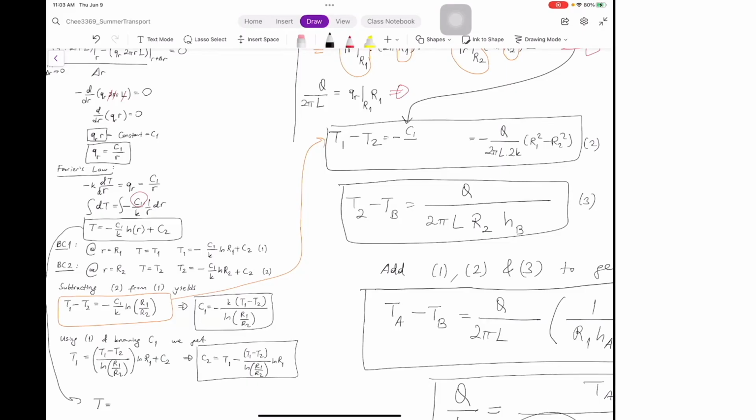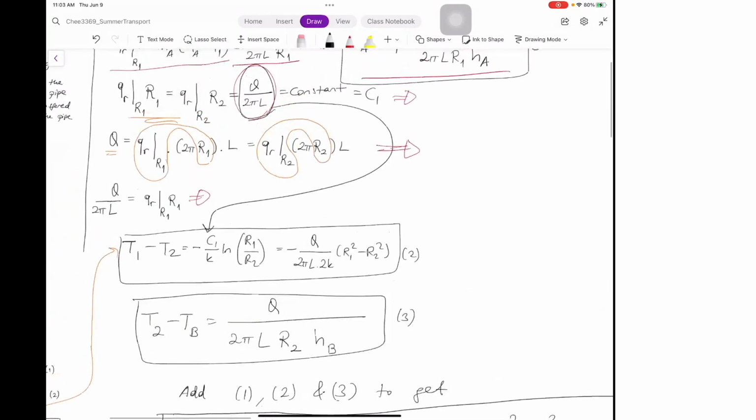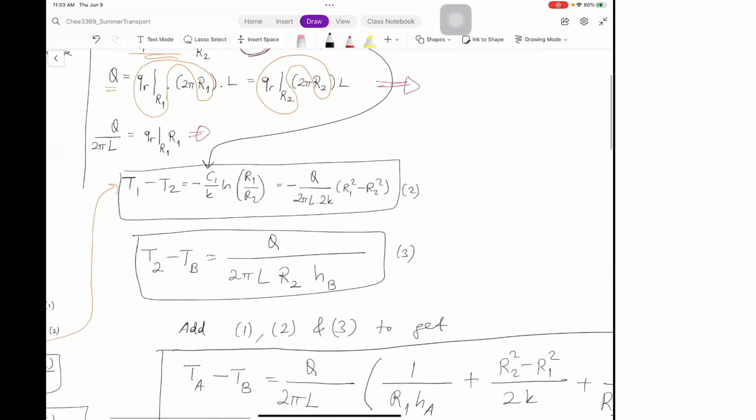Minus C1 over K, logarithm of R1 over R2. The C1 is nothing but Q over 2 pi L, and you don't have the 2K this time. There you go. You're almost there.